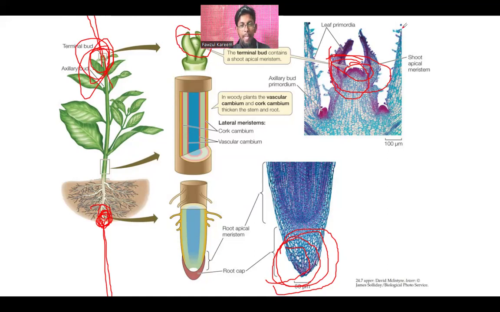Okay, right. So this is the main function of the meristem. What is that? Producing new cells. What is meristem? They are producing new cells. So what will happen if they produce new cells? The plant will grow up. The root will grow up.